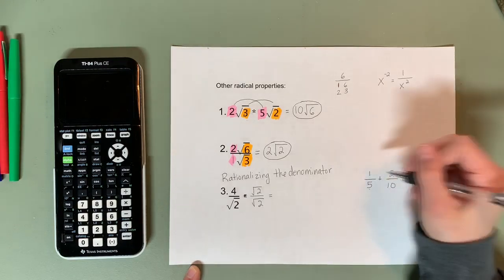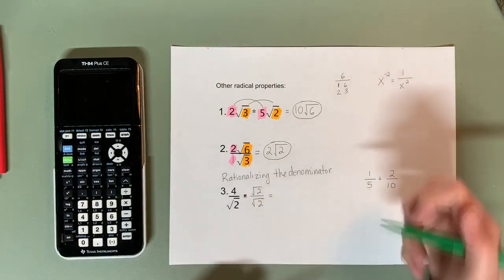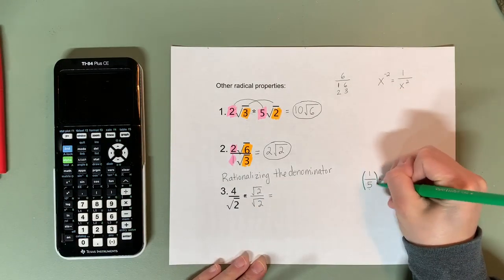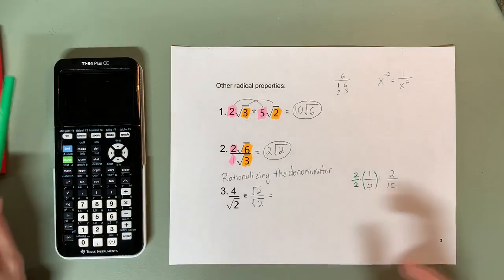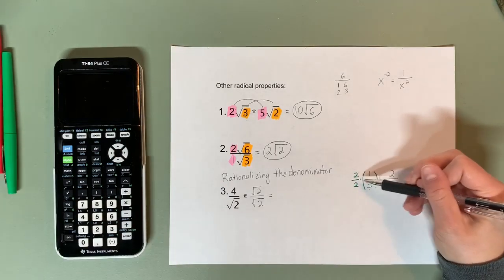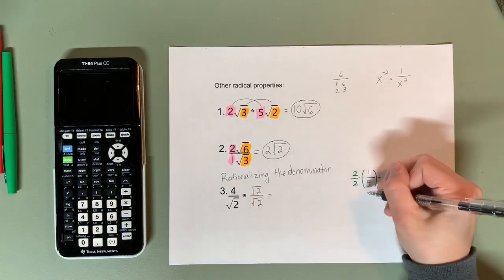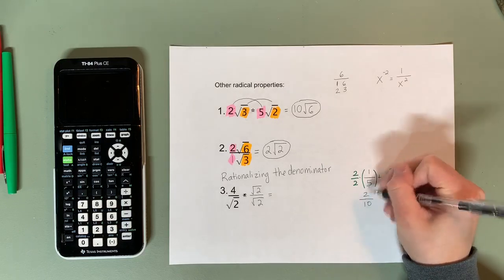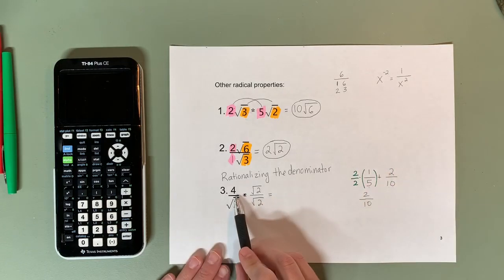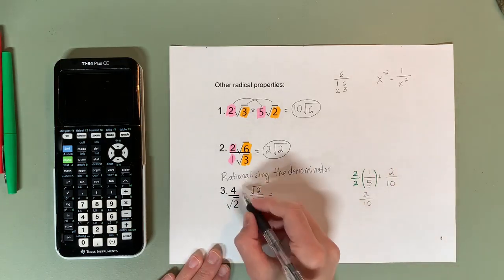So to do that, I would multiply this fraction by 2 over 2. In other terms, I'm just multiplying this by 1. And I end up with 2/10, which is still 1/5. It's just an equivalent form of that.